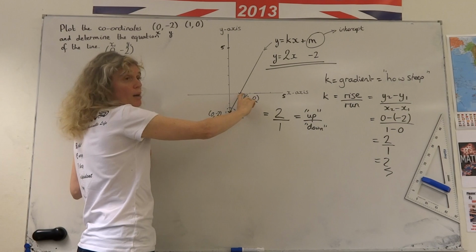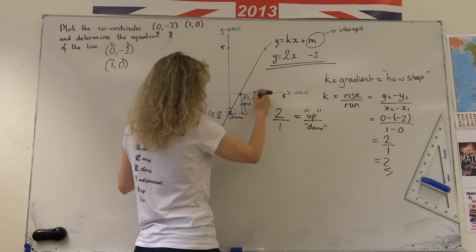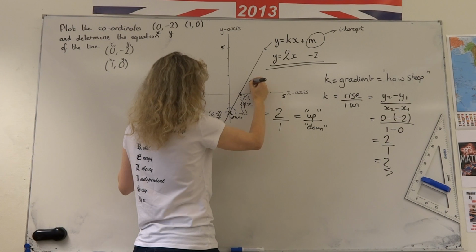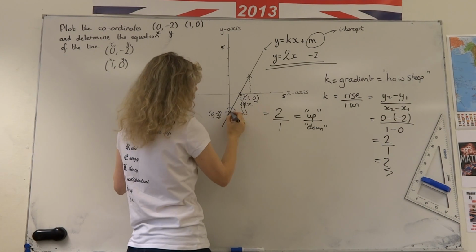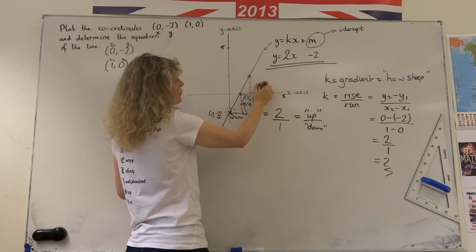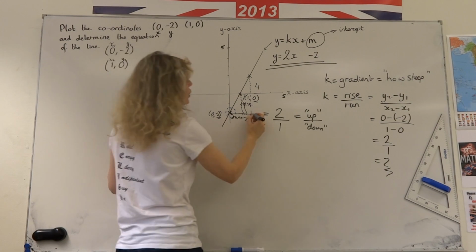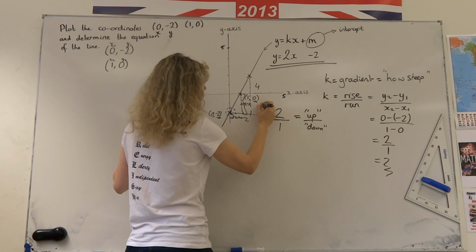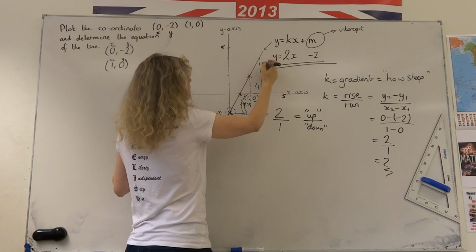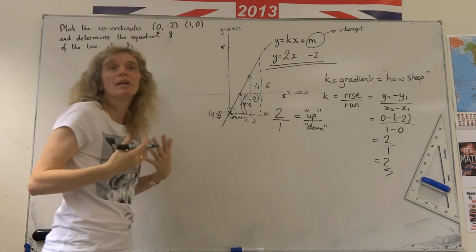I go 2 up for every one I go along. If I was to take the next point here, and go 2 along, I would go 4 up. 4 divided by 2 is also 2. If I was to go 3 along, I'd come up to 6 up here, so 6 divided by 3 is also 2.